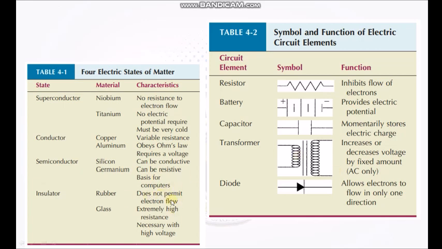So the electrons are traveling across the copper wire, but they cannot cross the rubber surface. So that's why when you hold your charger or extension wires, even if they are already plugged in the main electricity supply, we are not electrified.